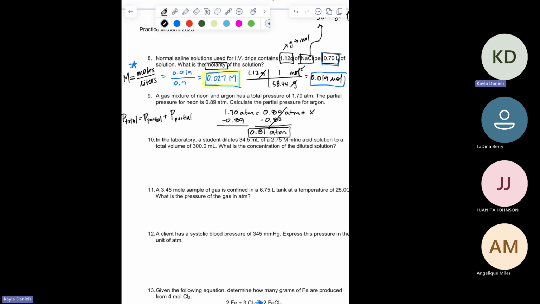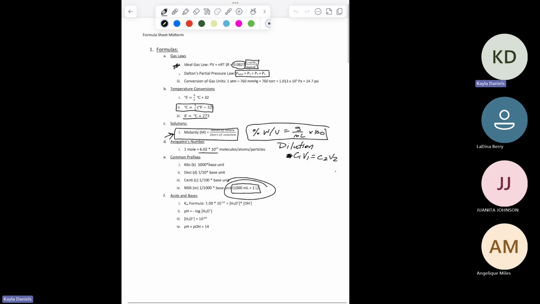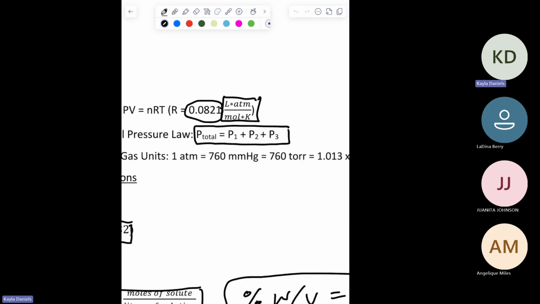That would be your final answer. All right, and if you forget that formula, it will be on your reference sheet. So gas law is up here. Dalton's partial pressure. So it just says that the total is equal to, if you had 3, if you had 4, if you had 5, you can keep it going.